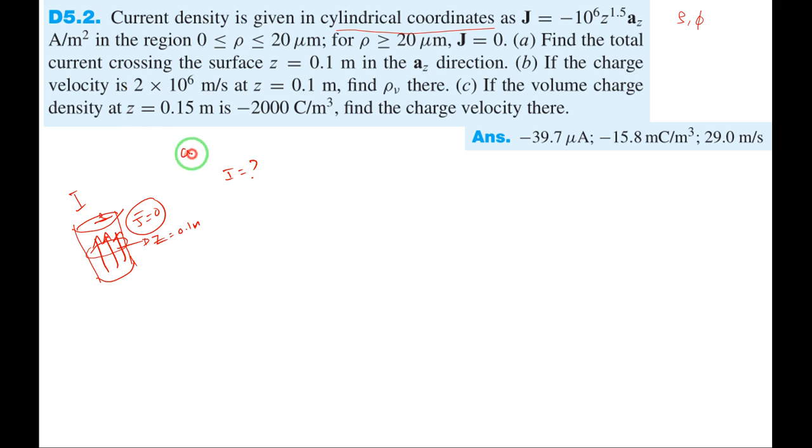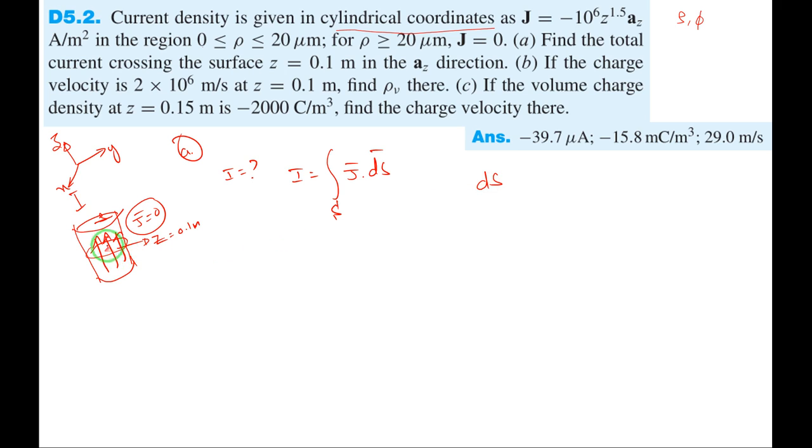Part I will see in the Az direction. This is the Z direction, with X, Y and Z. So I is equal to what? You know the relationship between I and J: I is equal to the surface integral of J dot ds. J is given, only the Z component is there. What about ds?